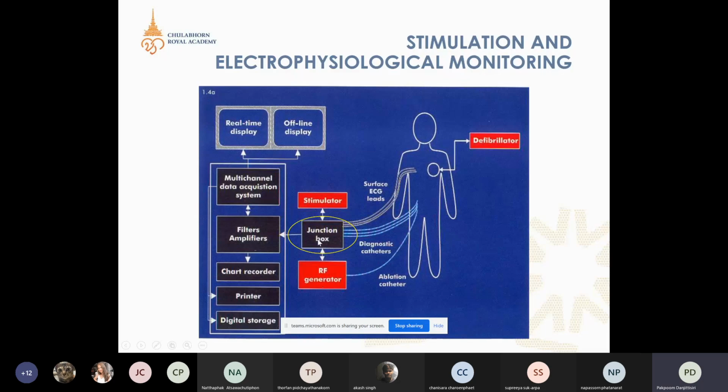The junction box will be connected with all of the diagnostic catheters that will be inserted into the patient's heart to receive the intracardiac signal. After the junction box is connected, the signal will go to the filters and amplifiers that are connected to the junction box.